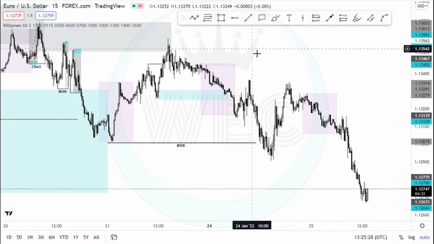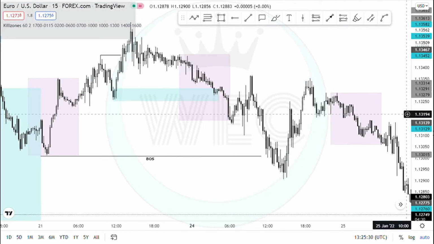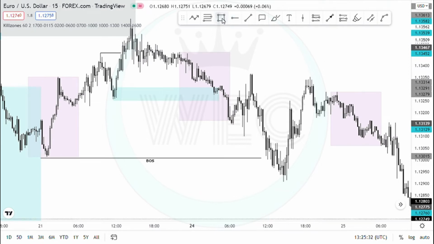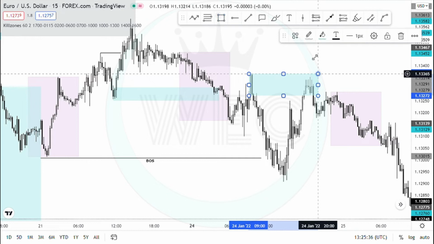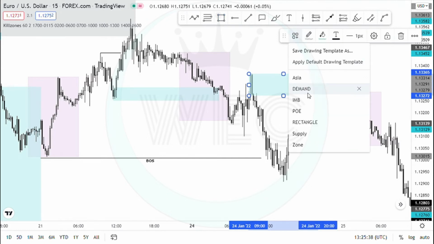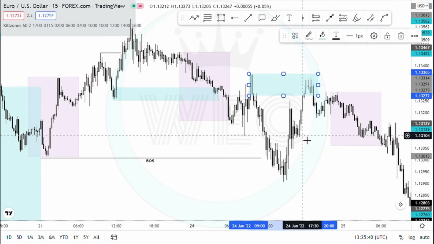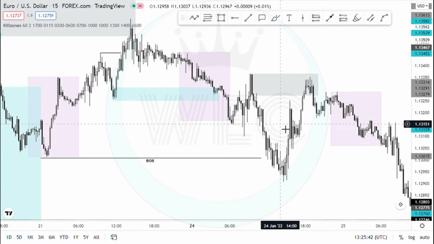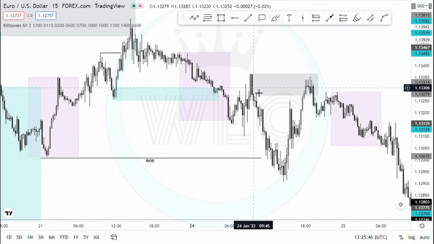So fast forward, I marked my supply zone on the 15-minute time frame. Now guys, even though the 4-hour is bullish, I'm trading against the 4-hour time frame, but the H1 is bearish and the 15-minute is bearish, so it gives me what I need to take intraday trades just based on the 15-minute time frame.